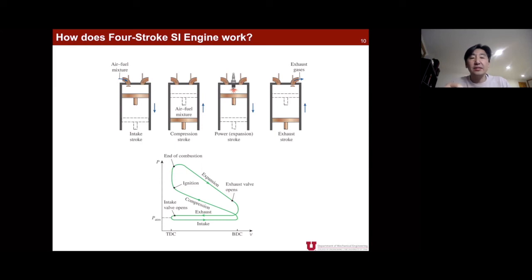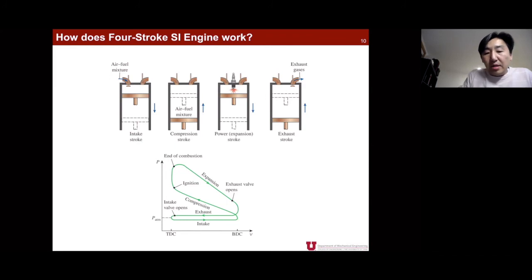Then what happens to the volume? Because the piston goes down from TDC to BDC, the volume increases from the minimum volume or clearance volume to the maximum volume, the BDC volume.